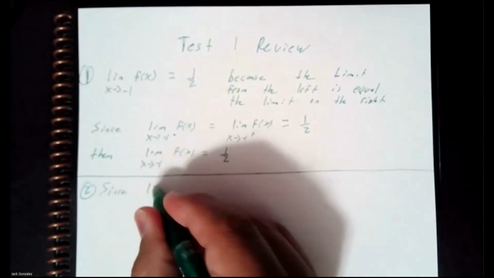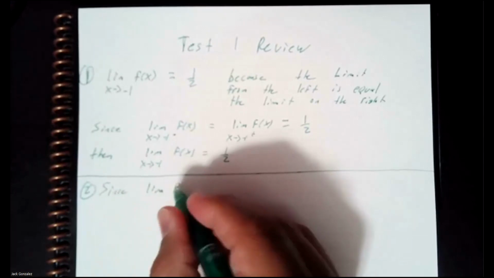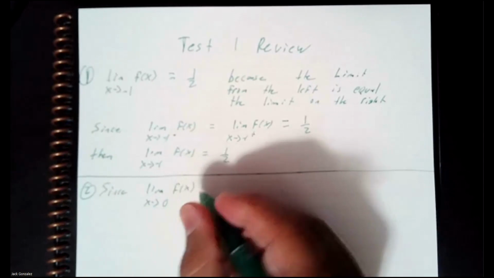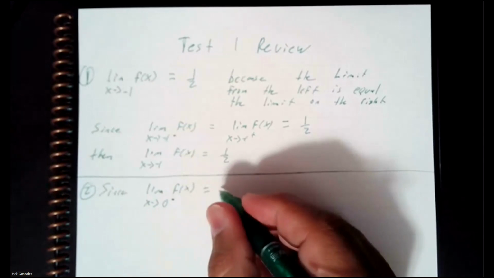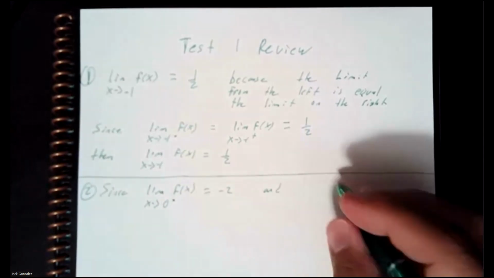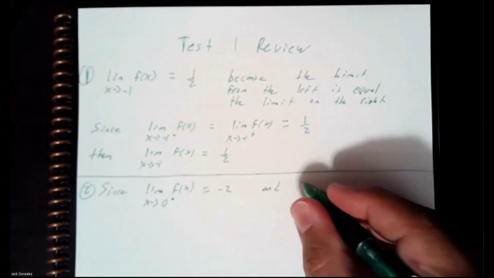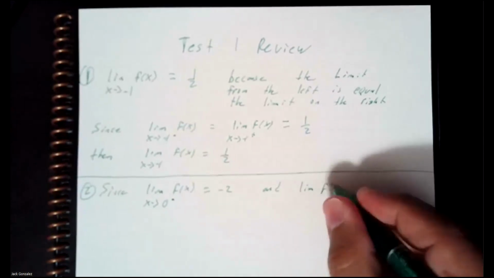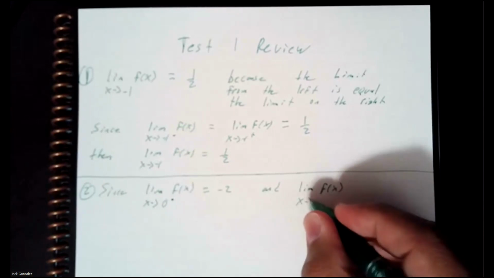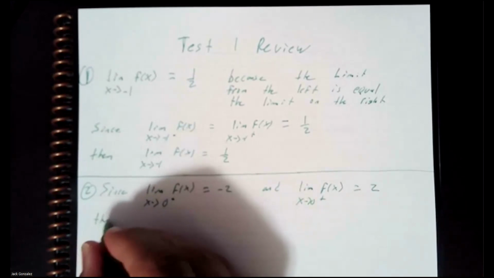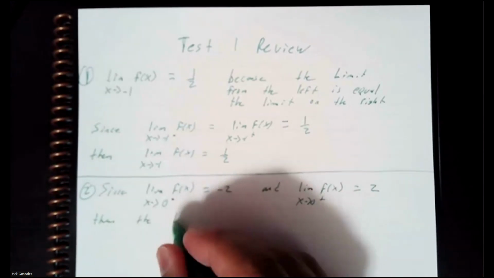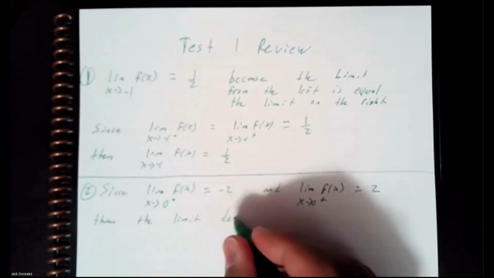Number 2, since the limit of f of x as x approaches 0 from the left is equal to -2, and the limit of f of x as x approaches 0 from the right is equal to 2, then the limit does not exist.